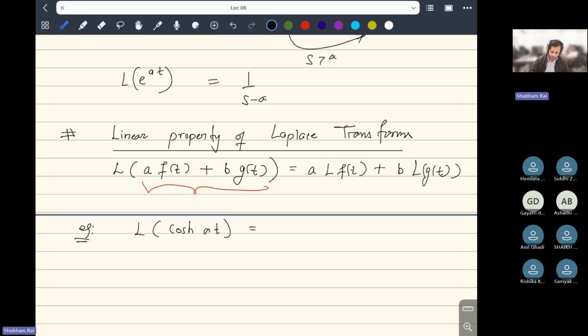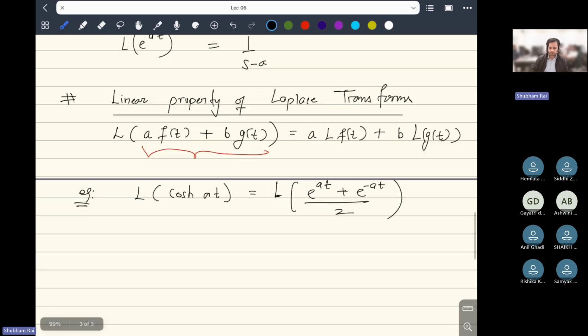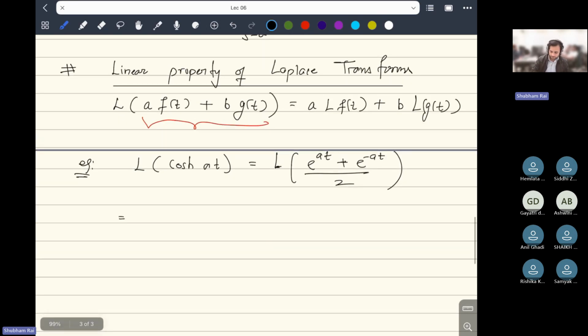It is e raised to the power at plus e raised to the power minus at, divided by 2. So this will be the Laplace transform of e raised to the power at plus e raised to the power minus at, divided by 2. Then using the linearity property, we can just write that it is 1 by 2 Laplace transform of e raised to the power at plus 1 by 2 Laplace transform of e raised to the power minus at.